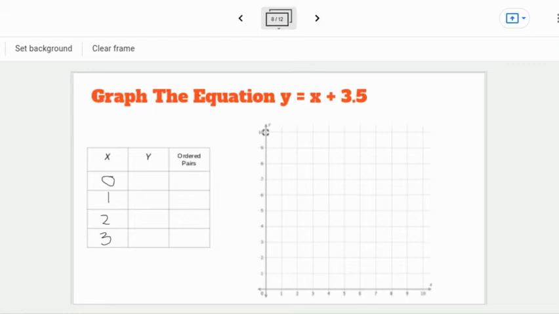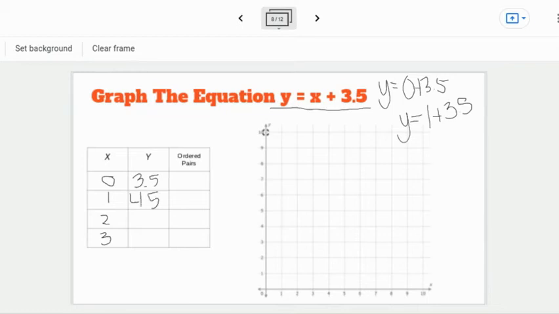So we have our equation, y equals x plus 3.5. In this case, x is 0, plus 3.5. Well, 0 plus 3.5 is 3.5. Okay, and when we do another one, y equals x is now 1, plus 3.5. Well, 1 plus 3.5 is 4.5.